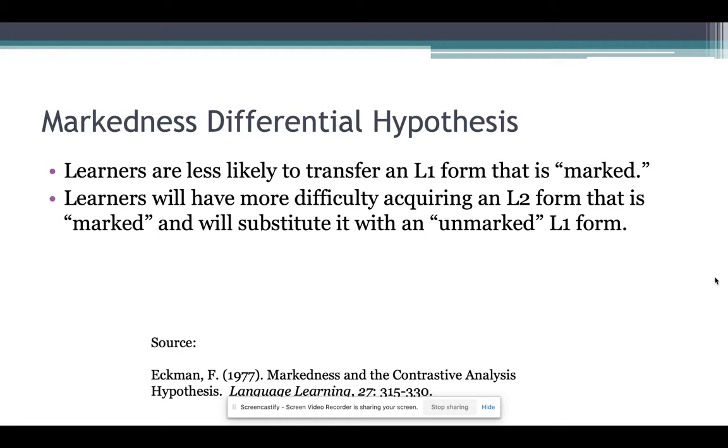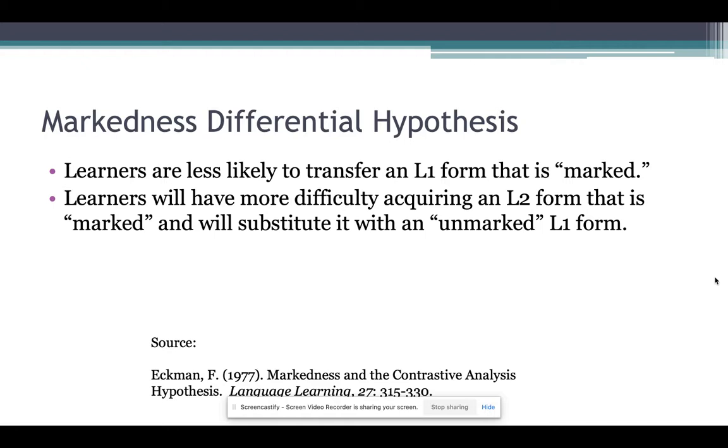This theory is based on Chomsky's theory of universal grammar, which was Chomsky's observation that certain forms are universal among languages, while others are less common. He called those less common forms marked forms, which is why we get this markedness theory, okay?